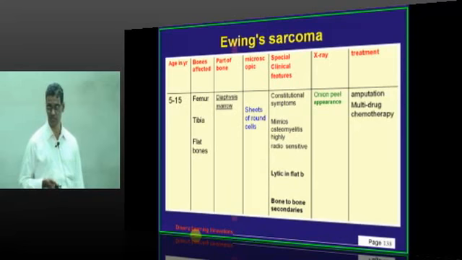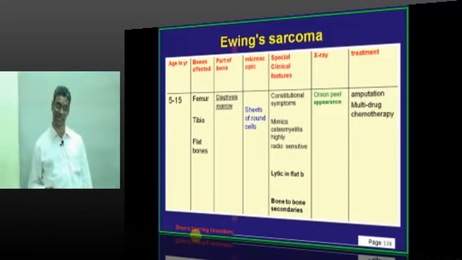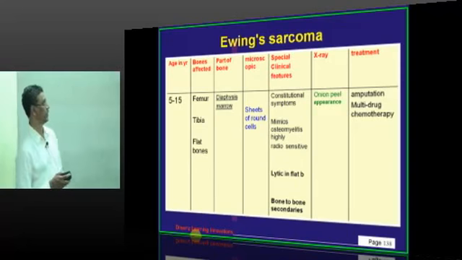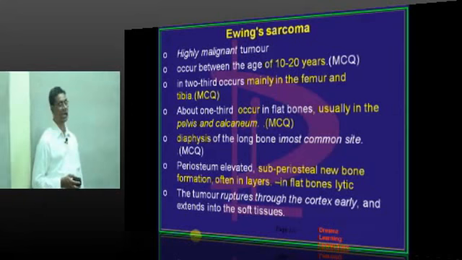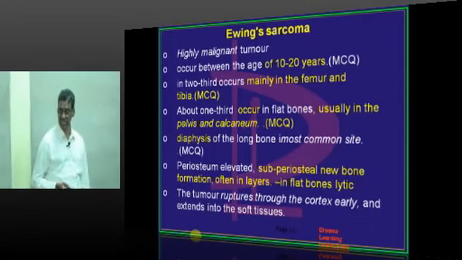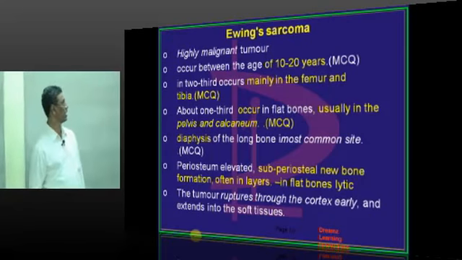The treatment is mostly chemotherapy. Even though radiotherapy is there, it recurs again, along with surgery. So Ewing sarcoma, read again: highly malignant tumor, age 10 to 20, mainly in the femur and tibia long bones. One third occur in flat bones, usually in the pelvis and calcaneum.